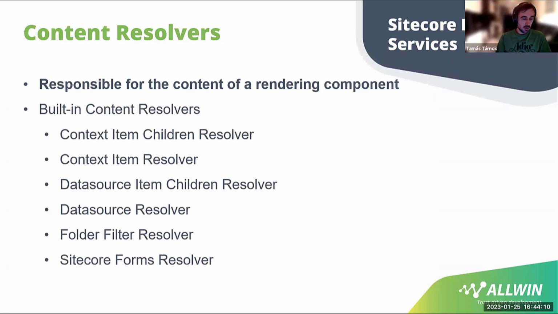There are also some built-in resolvers, for example, the context item resolver or its children resolver, and the same for data source and some others. Usually these cover most of the components, but in some cases you could build your own.